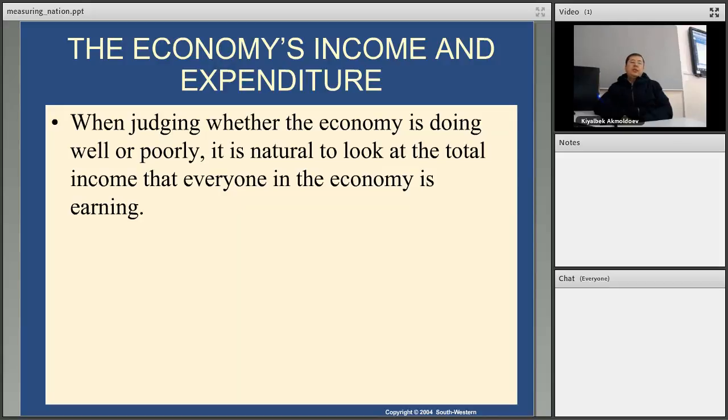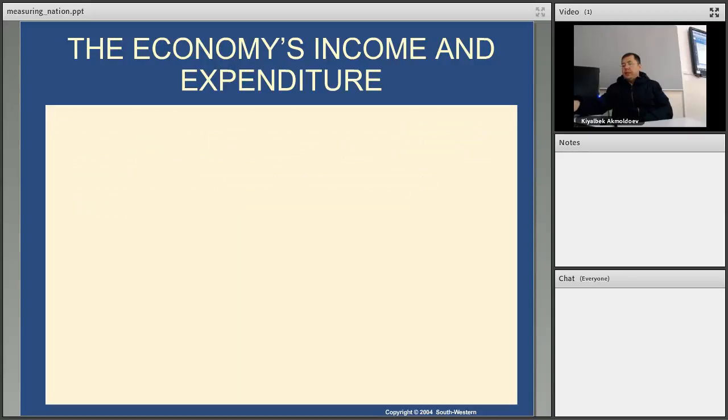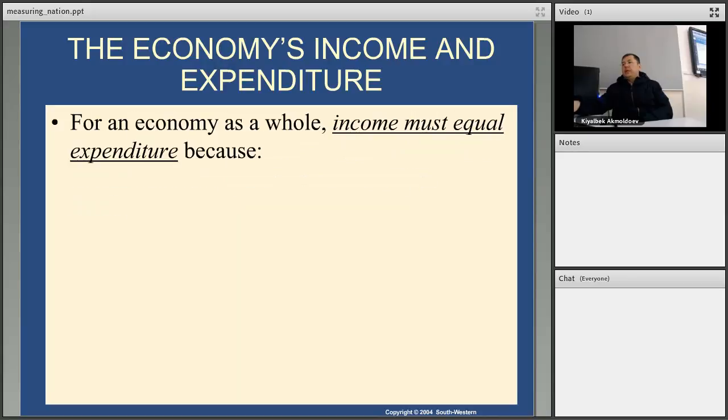The same logic is used for a country's income, because our topic is measuring nations' income: to understand how people are doing in that country, we have to look at their income. If their income is high, we can say they are enjoying their life. If their income is less, we can say they are not enjoying their life.